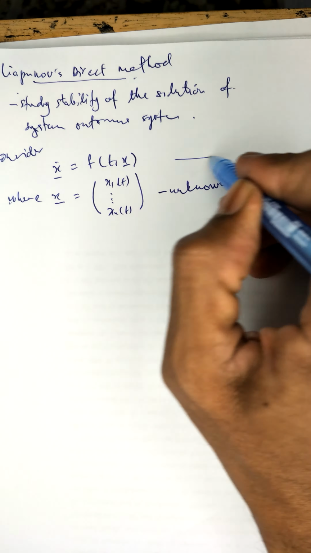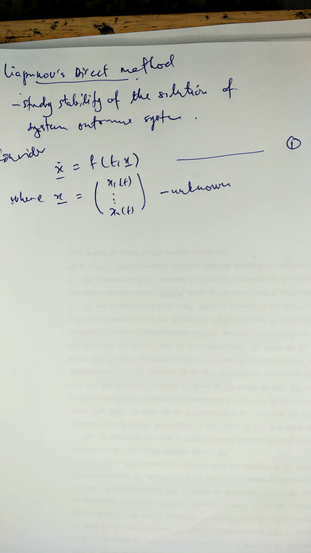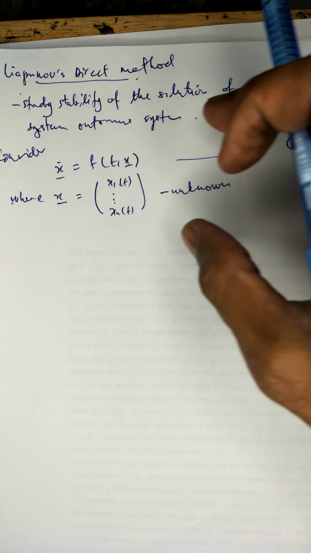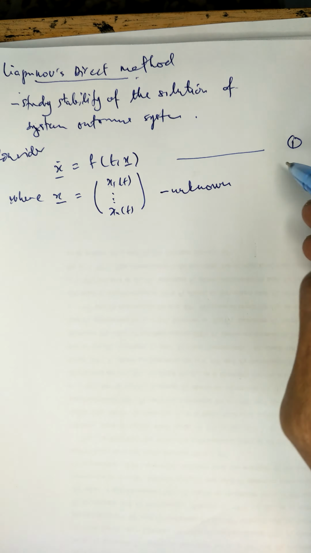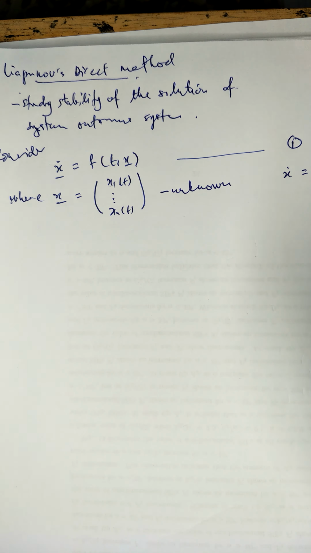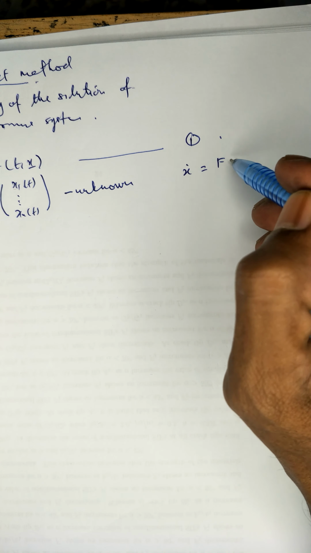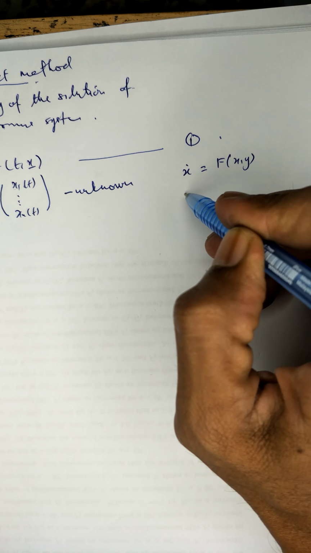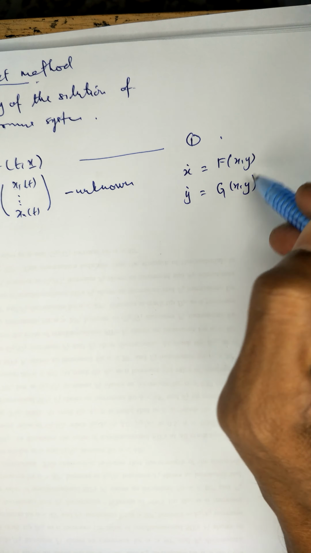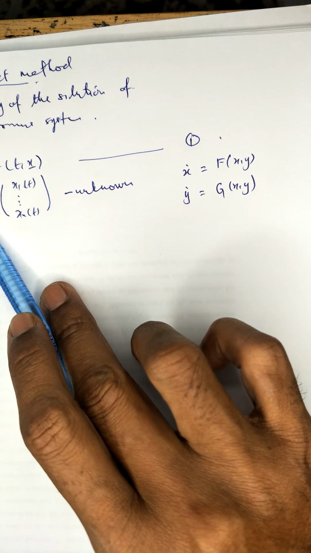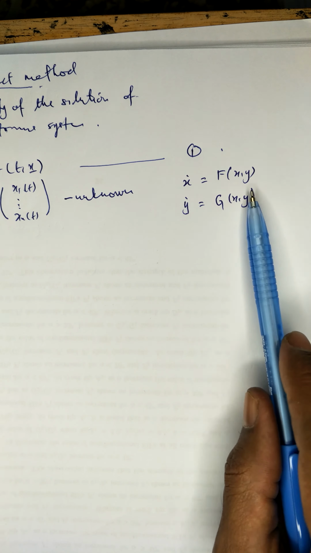Let's call this equation number 1. You can also consider a more specific case, x dot equal to f(x, y) and y dot equal to g(x, y). In this case, the vector field is given by f and g.